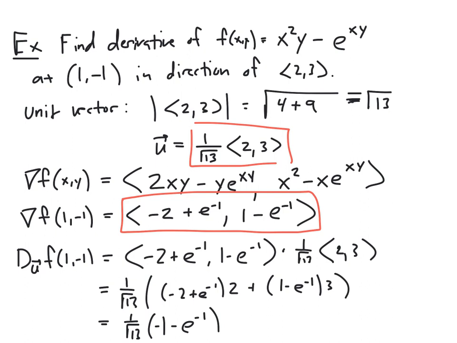Now in a moment, we're going to look at a picture of this particular example, but I just want to point out before we see the picture that this answer is actually a negative number. We can see that quite easily if you just factor out a negative from the number in parentheses, and we have a negative 1 over square root of 13 multiplied by a positive number, and so this would be a negative value.